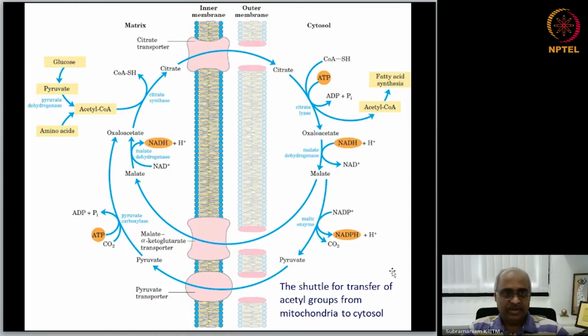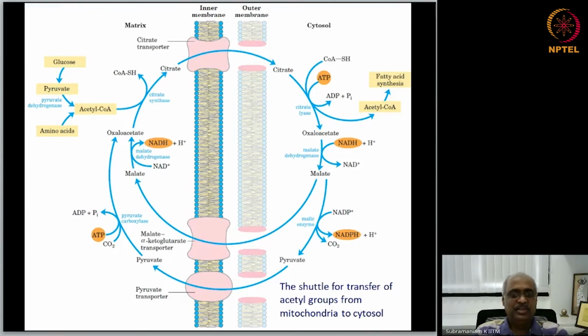Now let us look at where the raw materials are coming from and how the whole shop floor operation is handled. That is what is shown in this slide. So it is not very complex. It just looks complex, but if you begin in the right place and look at it, it is not difficult. So while beta oxidation, TCA cycle, pyruvate dehydrogenase complex, all of them are in mitochondria.